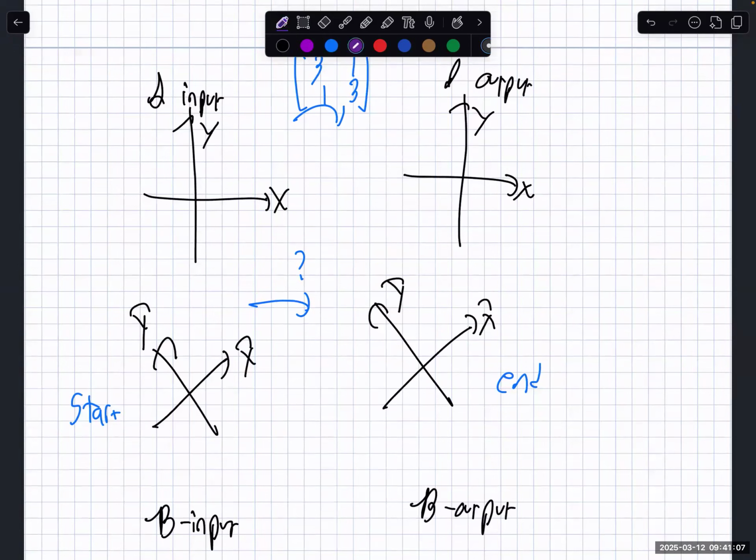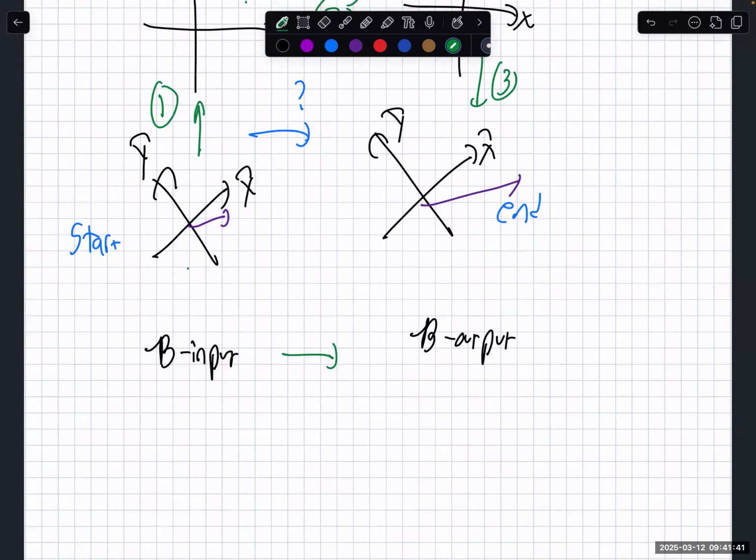So I want to start with a B input and end with a B output. Instead of going directly there, I'm going to make this a 3-step process. So I'm going to go from B input to standard input. Then I'll go across from standard input to standard output. And then standard output to B output.